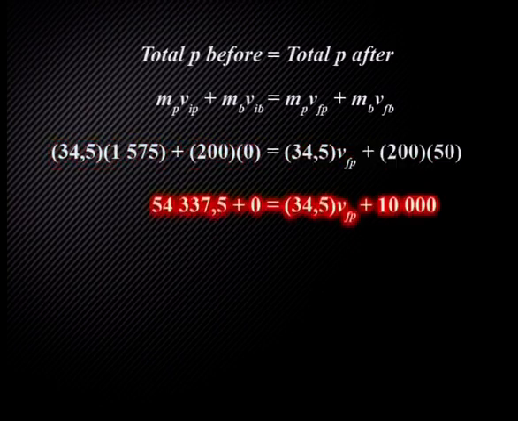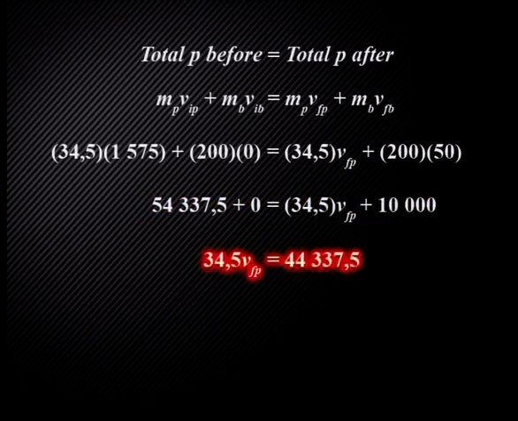Therefore, 54,337.5 plus 0 is equal to 34.5 times the projectile's final velocity plus 10,000. So 34.5 times the projectile's final velocity is equal to 44,337.5.